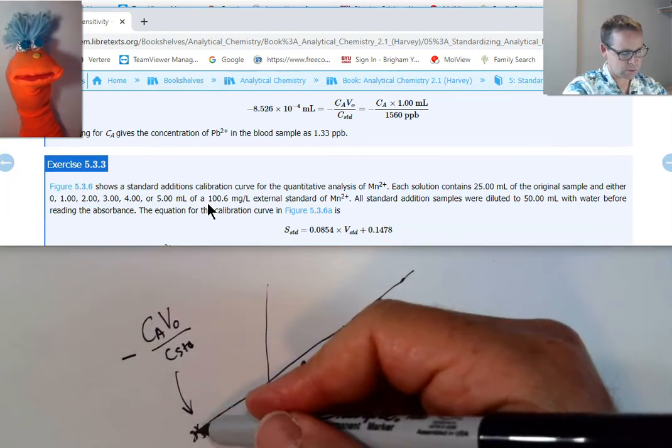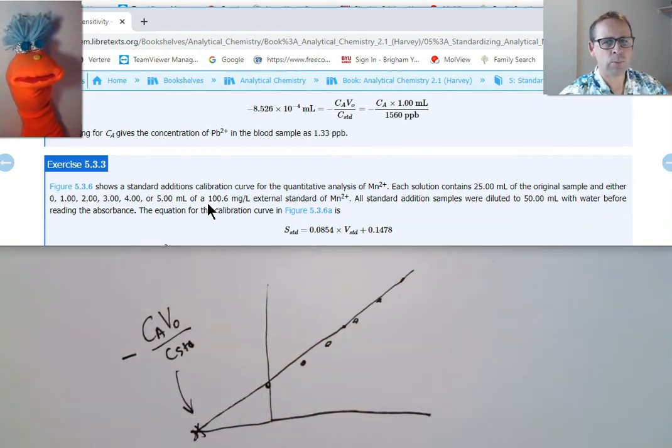That's what this intercept equals. Then we can set this value equal to 0. This is our y equals mx plus b, and we look for where the y value equals 0, which will be our x-intercept. So we set that one equal to 0.